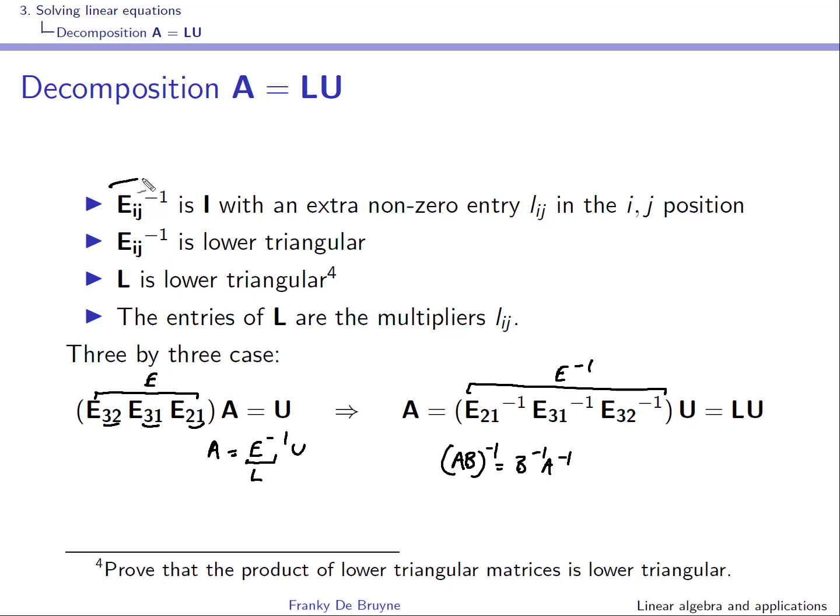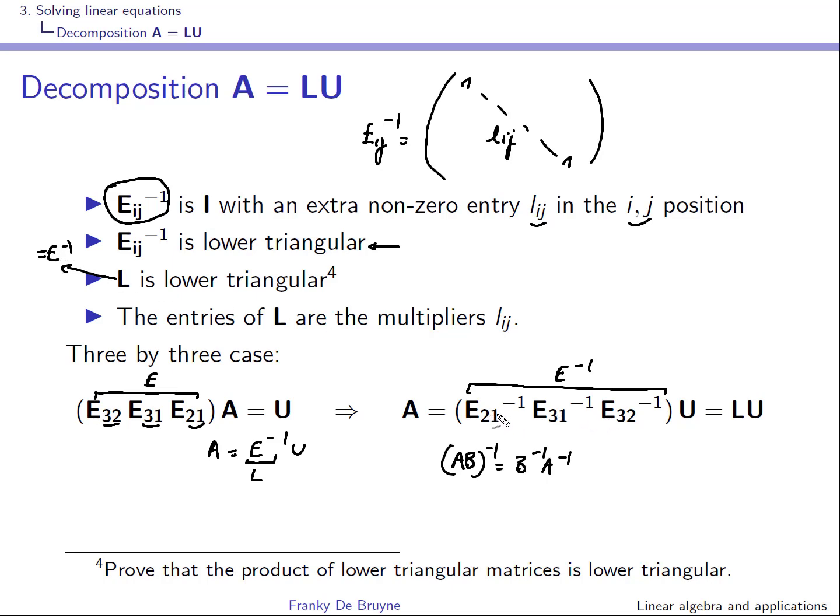Let's take one of these inverses of the elimination matrix, and you know that you can construct it from the identity matrix, and in entry ij you have to put the multiplier, so here Lij, right? So indeed this matrix is lower triangular, and L, which is also equal to E inverse, is the product of lower triangular matrices.